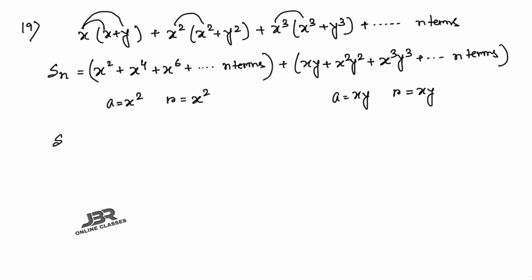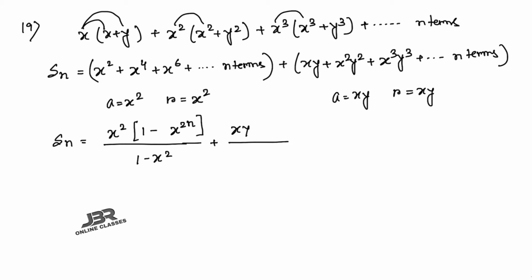So now S_n equal to x square times 1 minus x square to the power n, as x square to the power n, divided by 1 minus x square. Then from the next one, xy times 1 minus xy to the power n, divided by 1 minus xy.